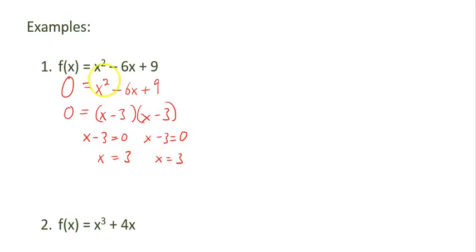Now, I was supposed to have two answers because this is x squared, and I got two answers. They happen to be the same number. What that means is that this graph, this parabola, bounces off of the x-axis at 3. So if you get an answer twice, that means your graph is bouncing off of the x-axis.